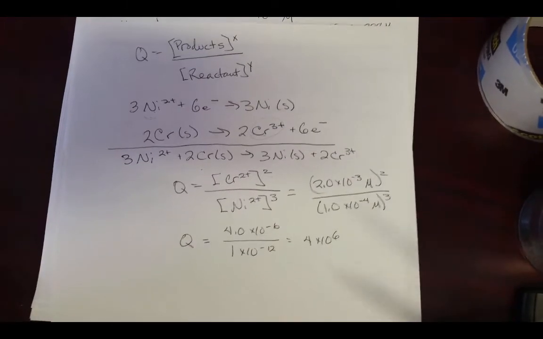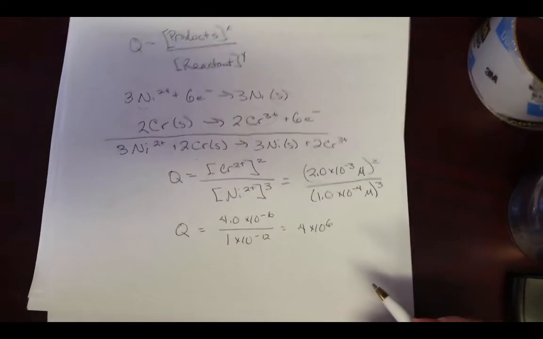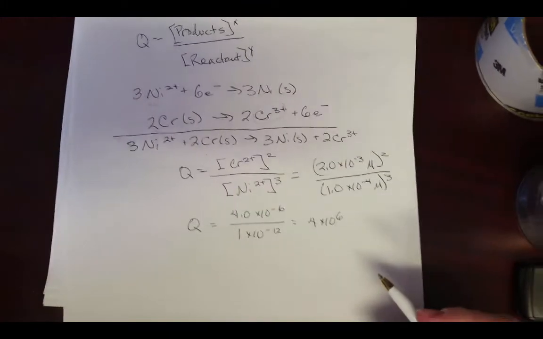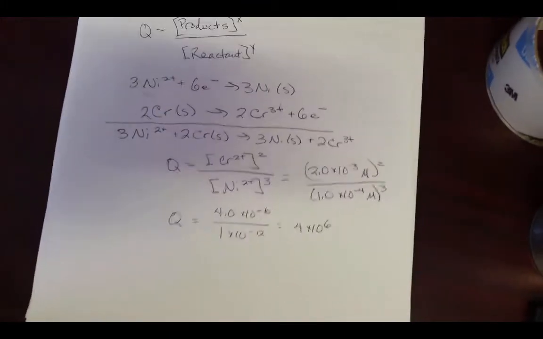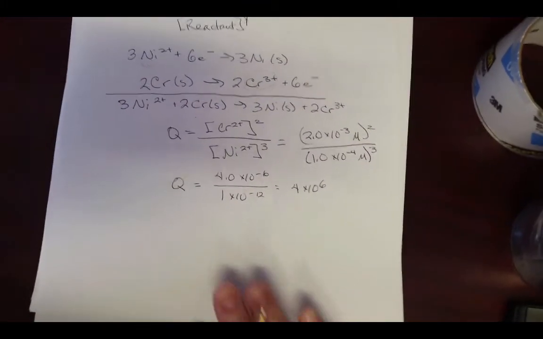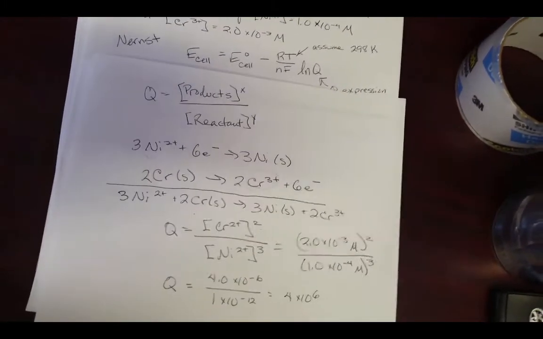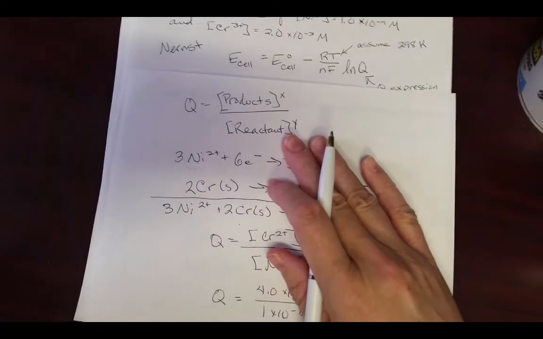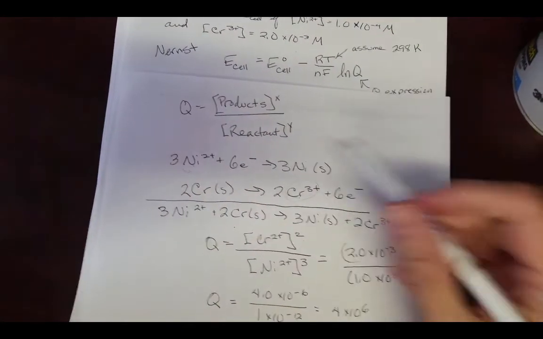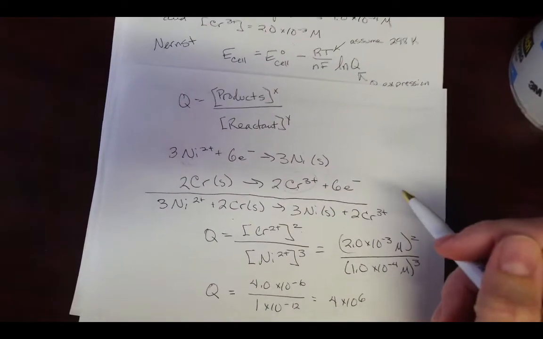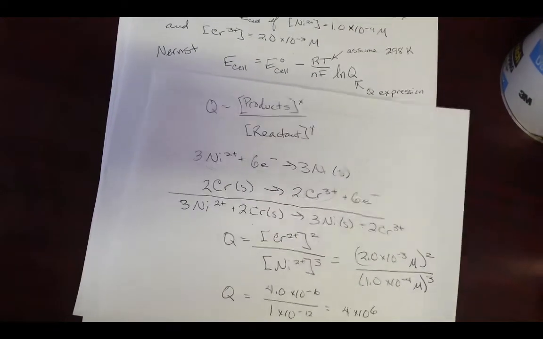Now we actually have everything we need. Now we're finally at a plug and chug question. It just has a lot of pieces and parts. All we need to do is go back to our equation. There we go: E cell equals E standard minus RT over nF, ln Q, and just put in all of our numbers.